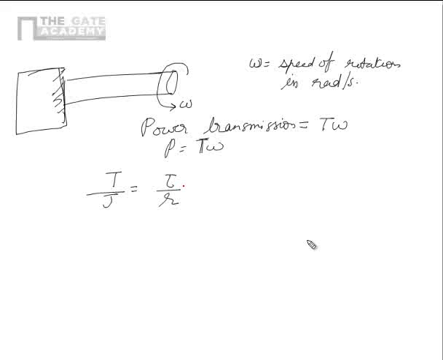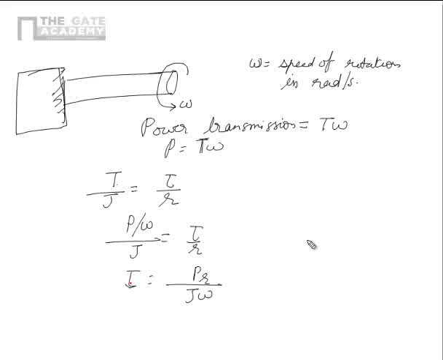So I know that this T will become P by omega upon J is equal to tau upon R. I can modify this equation to find out the value of tau, which is PR upon J omega. This is the amount of shear stress which is there in the bar, which is transmitting power P at rotational speed omega.